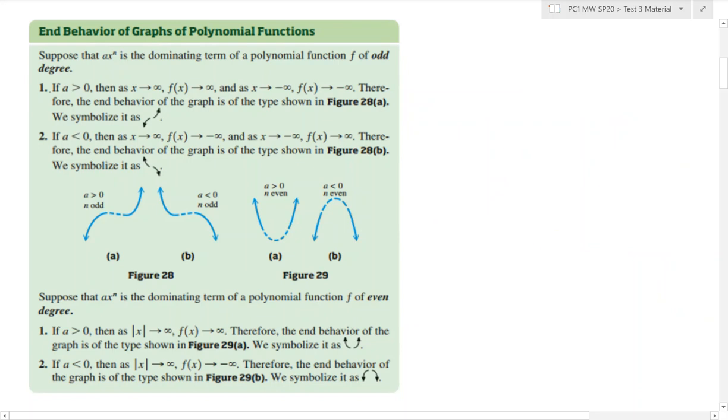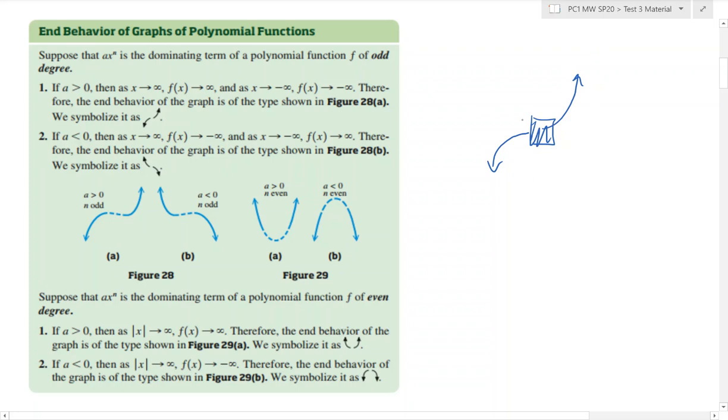This is the way they would write it in calculus. If we have an odd degree and a is positive, a is your leading coefficient, then as x approaches positive infinity, y is approaching positive infinity. Okay, so as x goes to the right, y goes up, and as x approaches negative infinity, f of x approaches negative infinity.